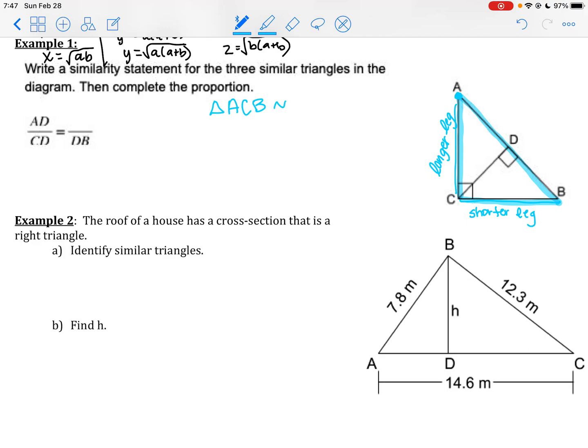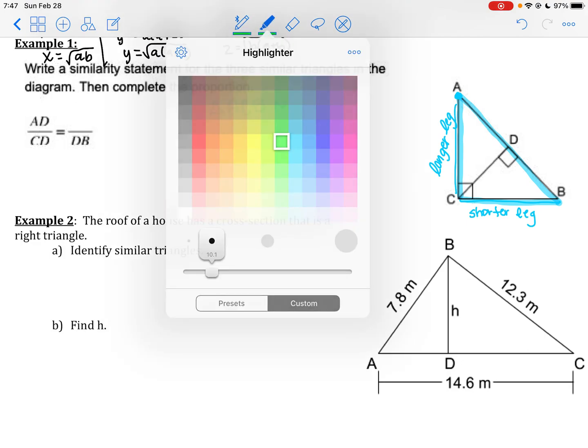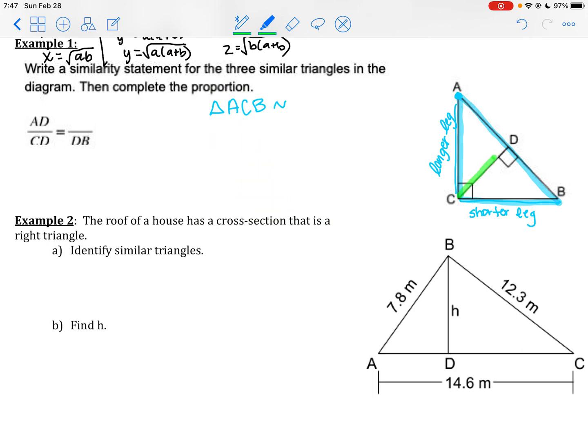So I need to write the similarity statement, which is going to compare it to these other triangles as well. So maybe I'm going to look at this one on the top portion here. It's points A, D, and C. I just need to figure out which order to put them in.